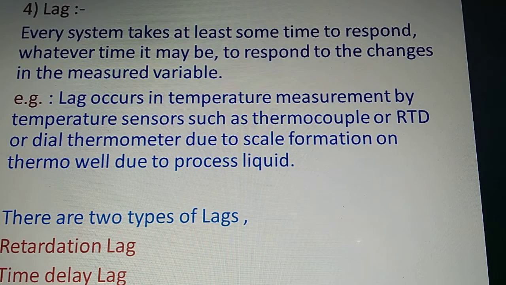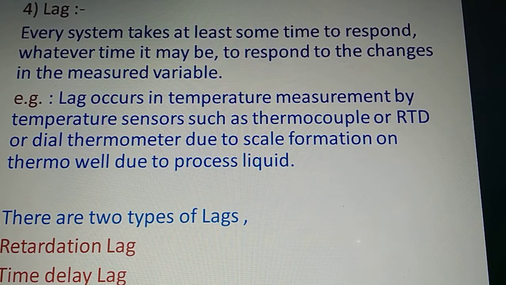Now, what is lag? Every system takes at least some time to respond. Whatever time the system takes to respond to the changes in the measured variable is called a lag, or time lag.